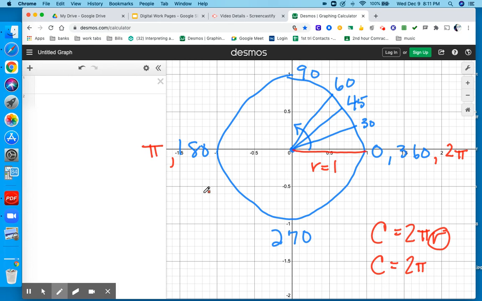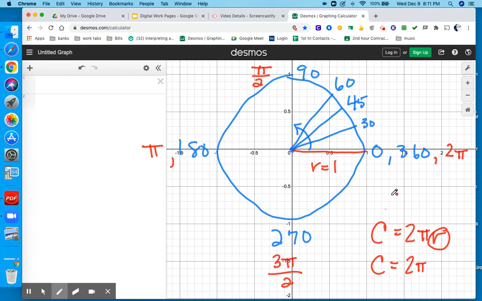Then we divide pi in half to get 90 degrees. So half of pi is pi divided by 2. And then if you want to go around the circle, you could say 0 to 90 is pi over 2. Add another 90 or pi over 2 to it, and then we get 2 pi over 2s to get pi. Add another pi over 2 to pi, and I get 3 pi over 2.